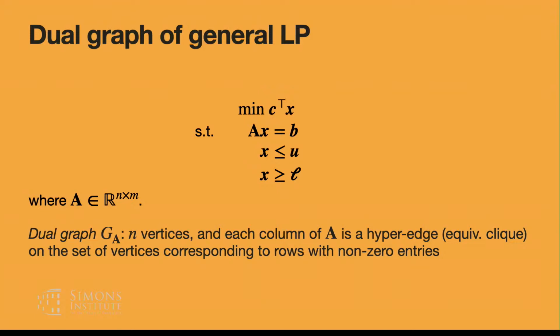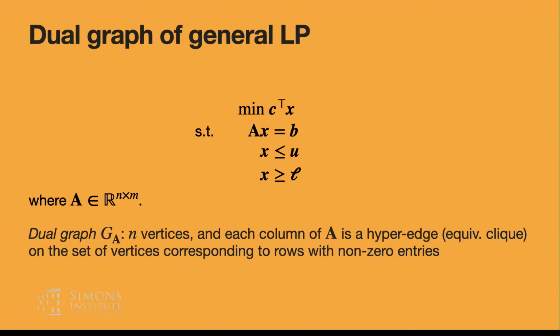For the m columns of A, we treat each column as a hyperedge, or equivalently, you can think of it as a clique. In a column, you have a certain number of non-zero entries, and the hyperedge will contain all the vertices for which the row is non-zero at that column. Okay, so I hope that's clear.